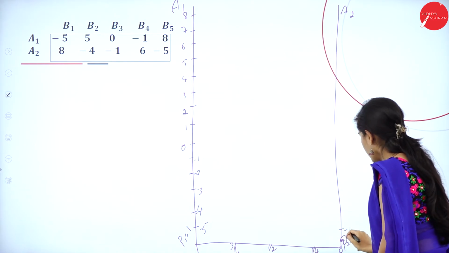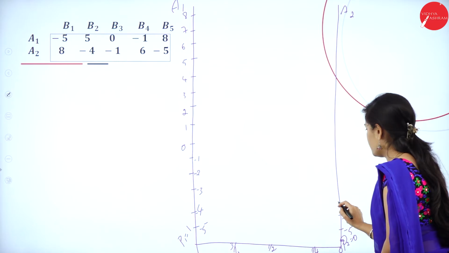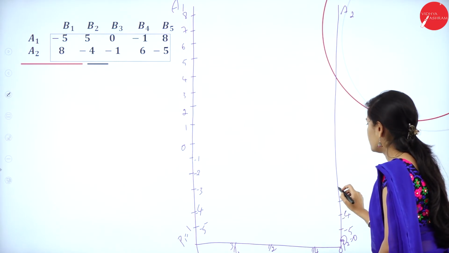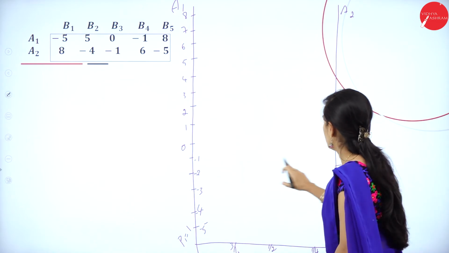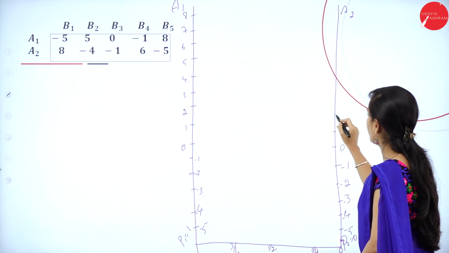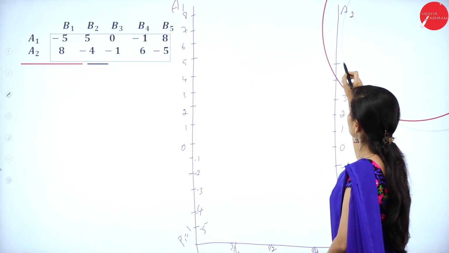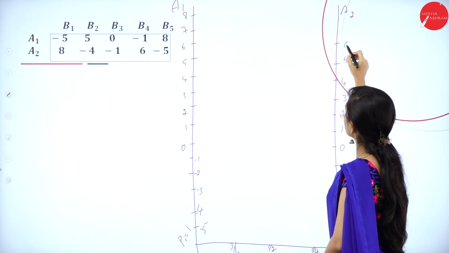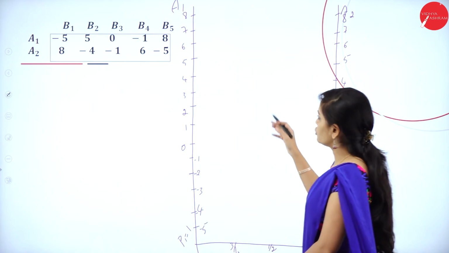So here minus 5, minus 4, minus 3, minus 2 and it is minus 1, 0, 1, 2, 3, 4, 5, 6, 7 and 8. So now I will join the lines.